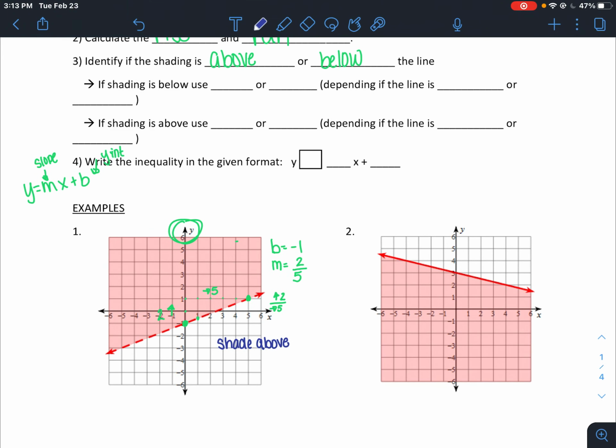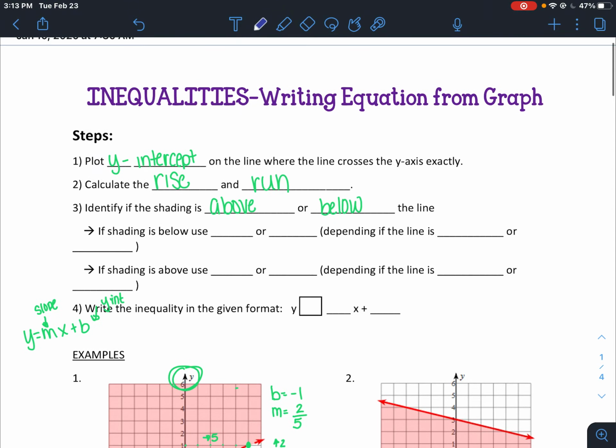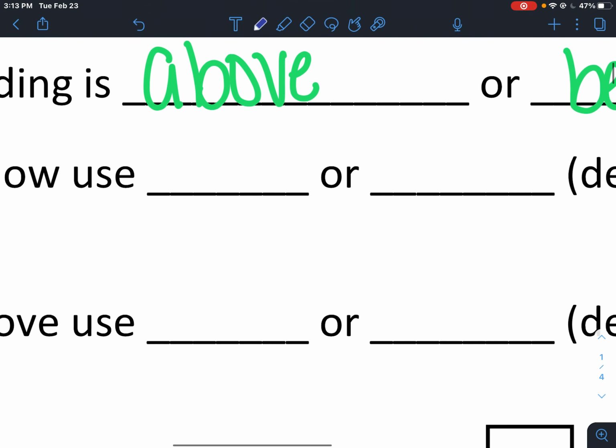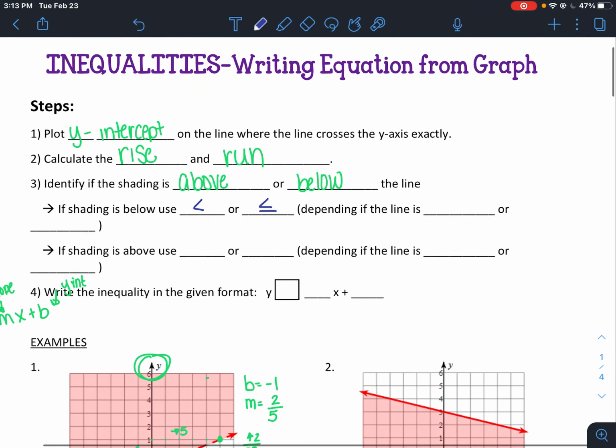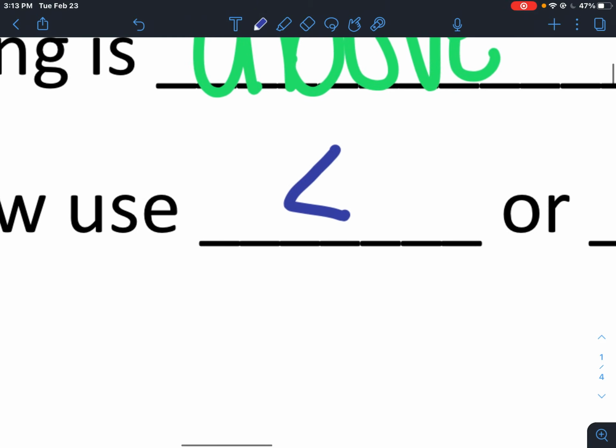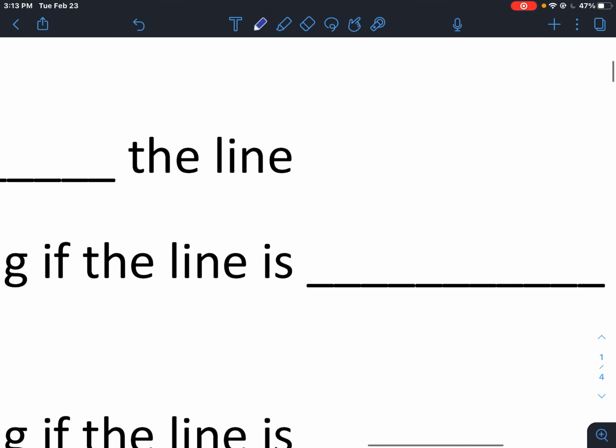Step 3 next. If the shading is below, which symbols are we going to use? Below is less than or less than or equal to, depending if the line is, for this one, dashed.